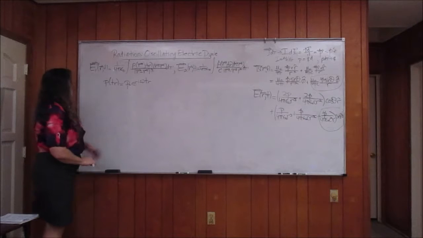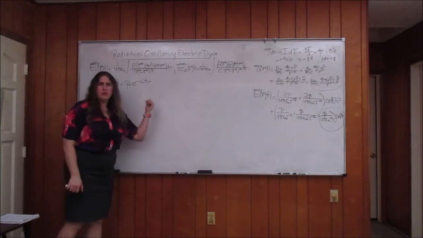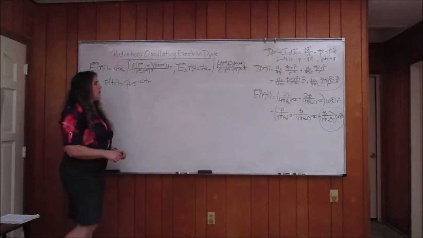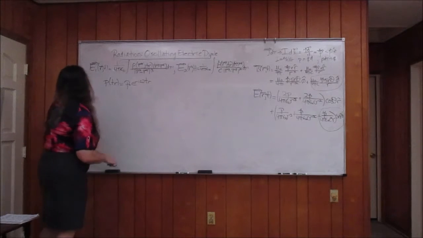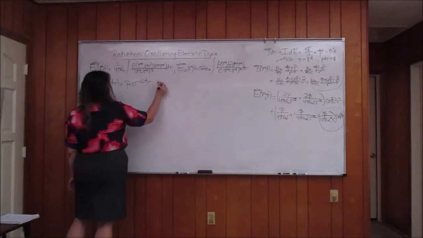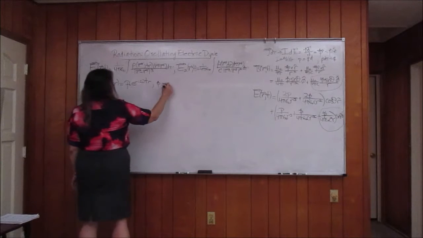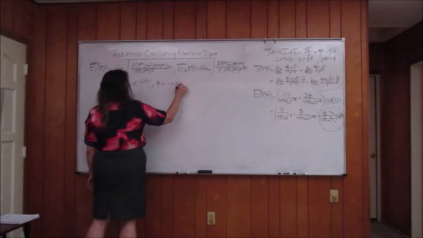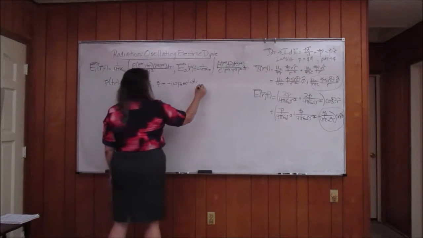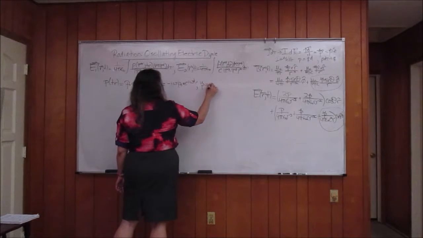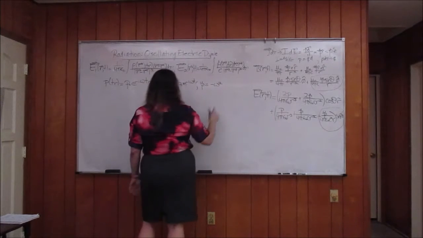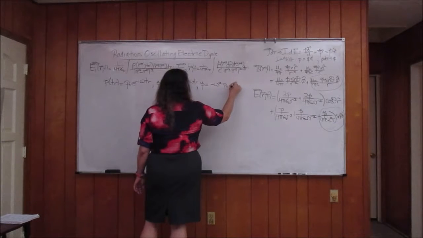To make our dipole oscillating, we'll just say that it has some amplitude p naught, e to the minus i omega times the retarded time. So p dot is going to give us minus i omega p naught. And p double dot will give us minus omega squared p naught.